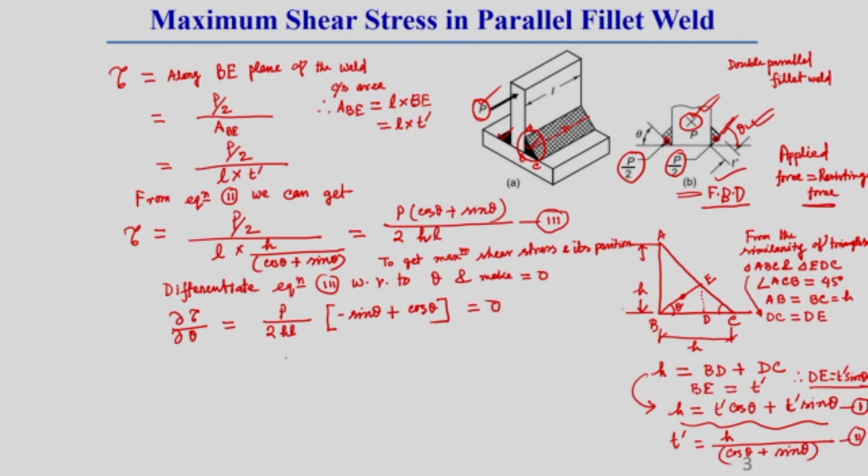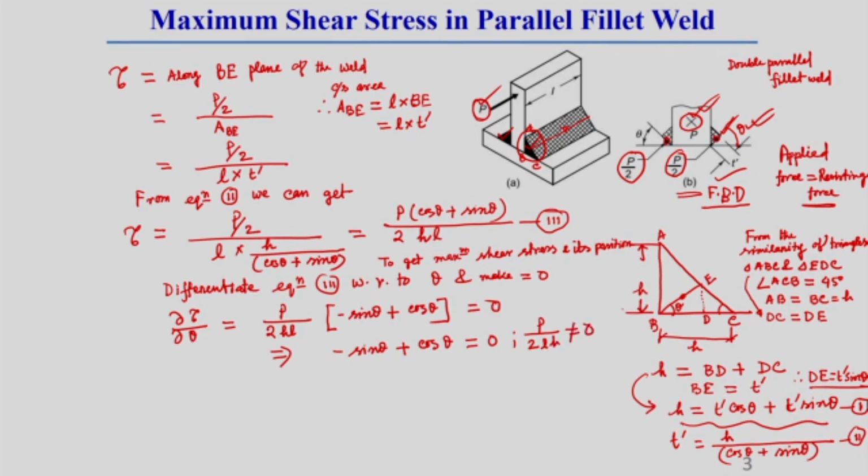Once we make this equal to 0, we get minus sin theta plus cos theta equal to 0, because we know P by 2HL should not be equal to 0.